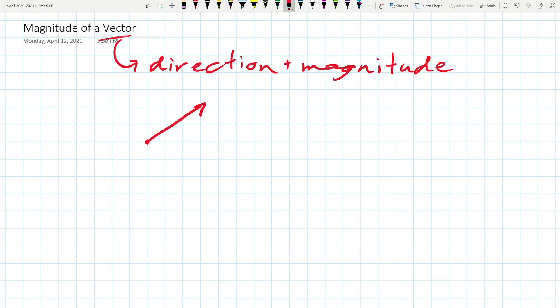The way we refer to the magnitude of a vector, when it's represented as an arrow, is with its length. So for example, these two vectors, and we're going to pretend that they're parallel.